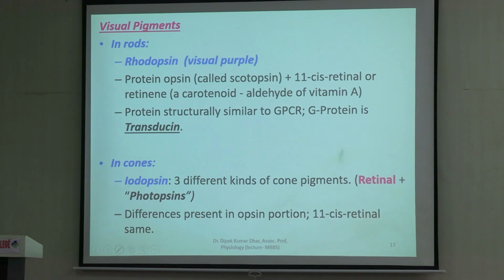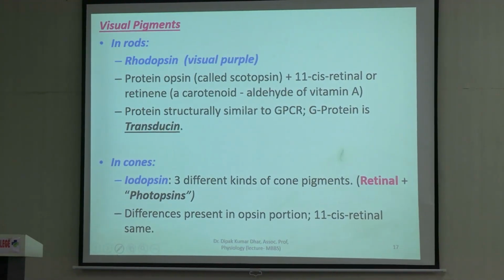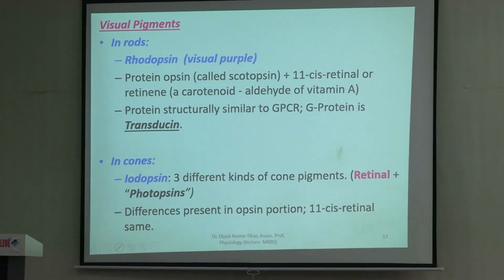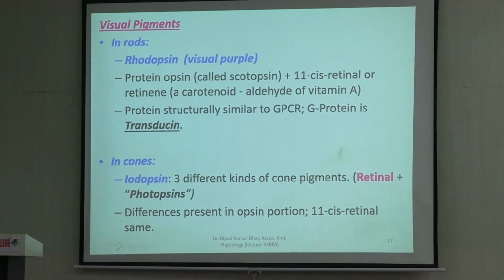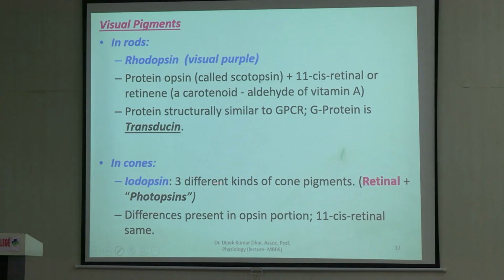Protein एक में है scotopsin, in one it is iodopsin. तो I'll go back again. तो इसको थोड़ा सा आप समझो, so you don't get confused by the names. Rhodopsin is composed of scotopsin and 11 cis retinal, right? And photopsin, sorry, iodopsin is composed of photopsin and 11 cis retinal. So photopsin and scotopsin are the two proteins which are present in the pigments.